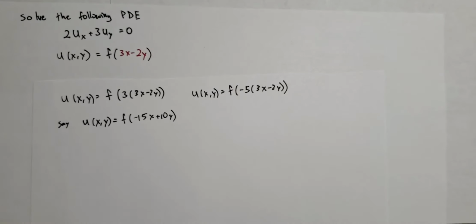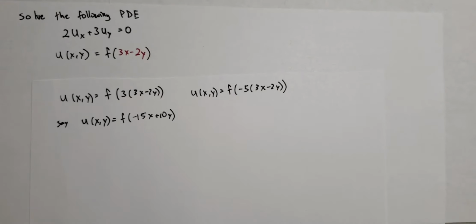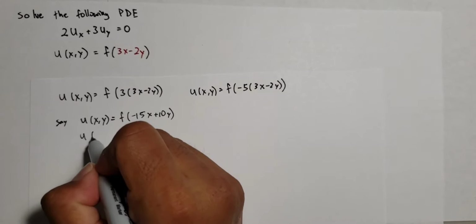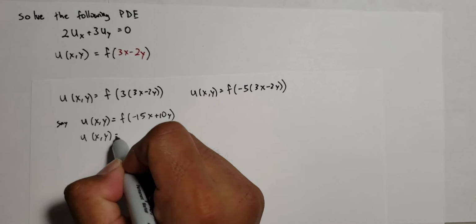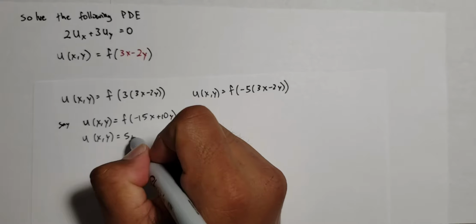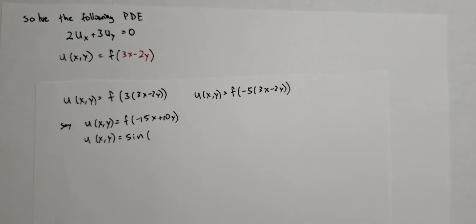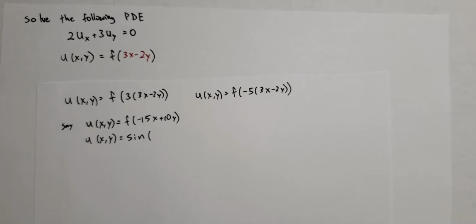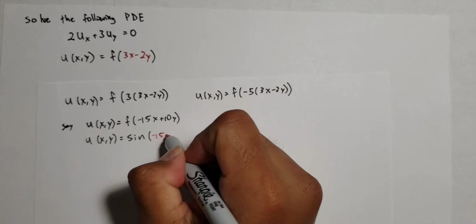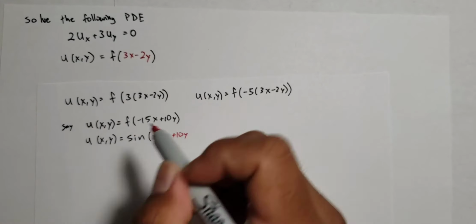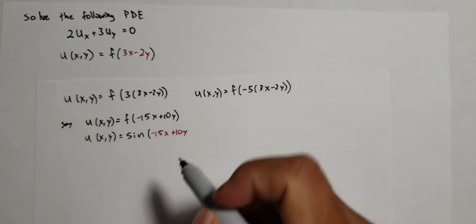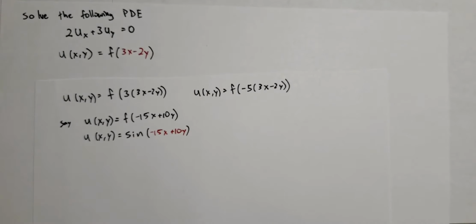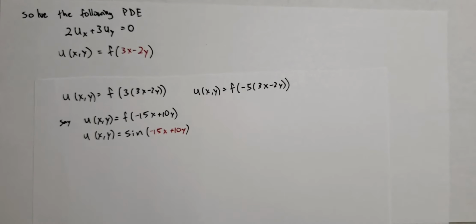So any function evaluated at that; we'll use the sine function. So we can say u of x, y equals sine of (negative 15x plus 10y). So that will also be a solution. Again, you can take the partial derivatives, and we can verify that in a second.